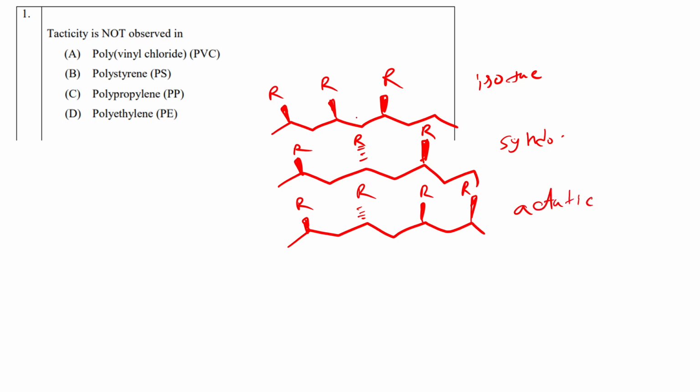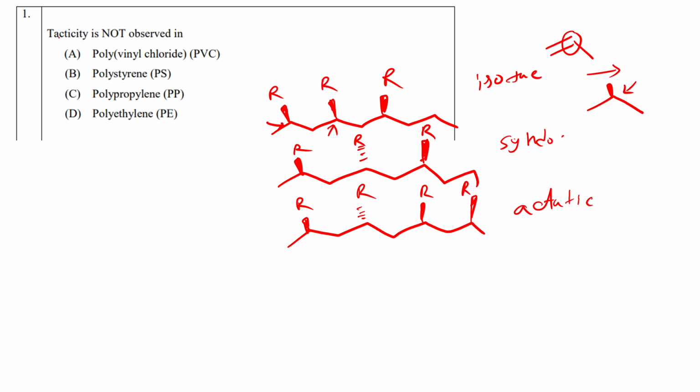So for tacticity, what is needed is a chiral center at this position. Your monomer should be prochiral like this, so that after polymerization you can create this particular center, which is now a chiral center. So the basic need is the presence of one prochiral center.